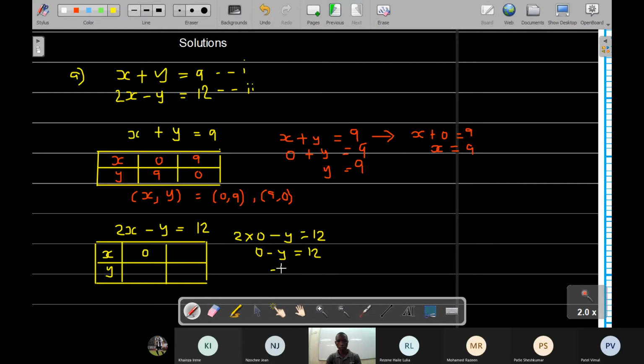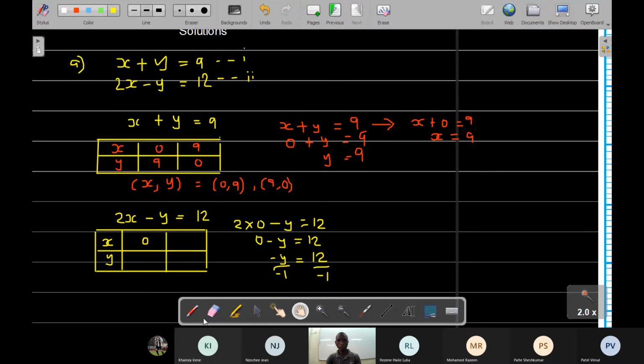Now this side we have negative y equals 12. But we need to get the value of y. So you divide both sides by negative 1.